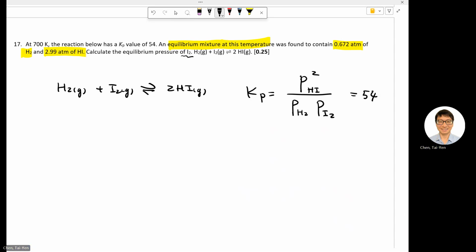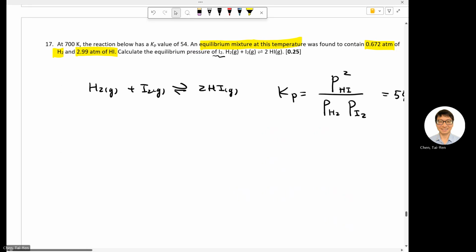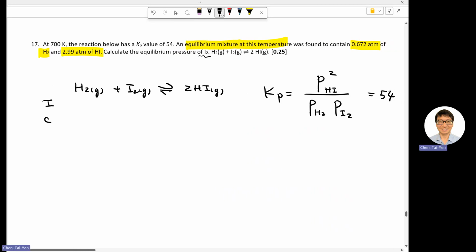One thing we do a lot is figure out what state the information they provide belongs to. It says you have an equilibrium mixture at a given temperature, where the pressure of your H2 is 0.672, right? So where should I put that number? At equilibrium, so it should be 0.672 here.